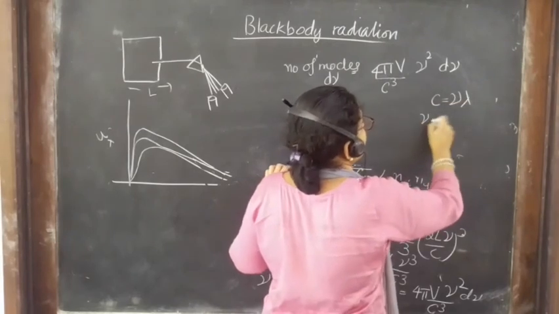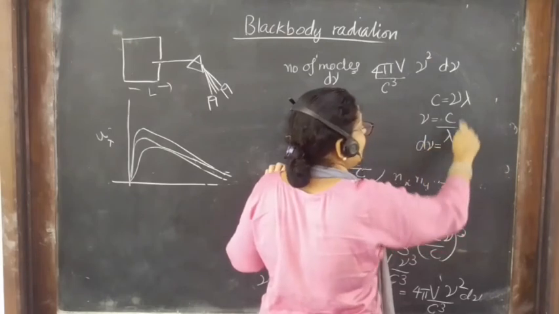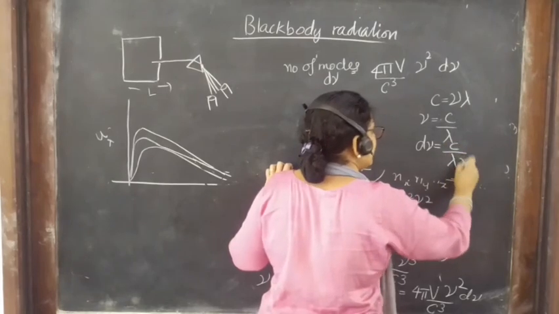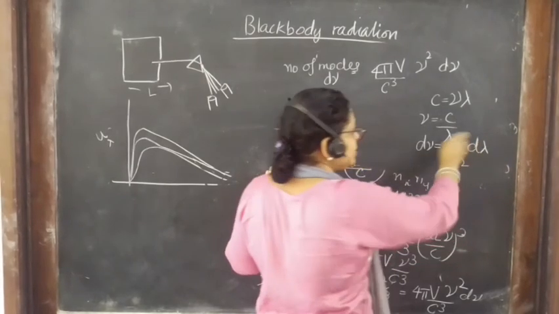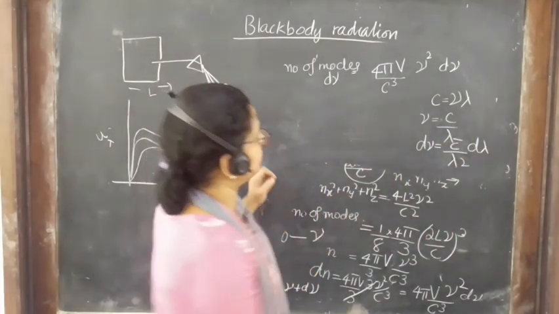So mu equals c by lambda, and d mu will be the differential, c by lambda square d lambda. The minus sign is there, but it doesn't matter since we are counting the number.